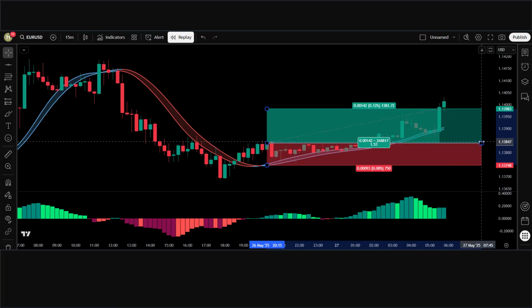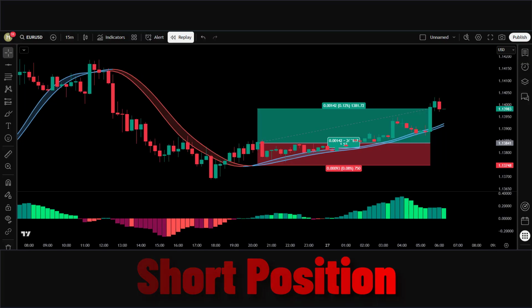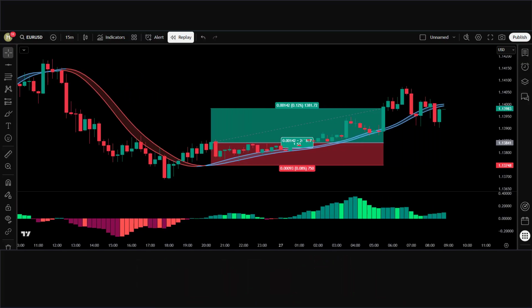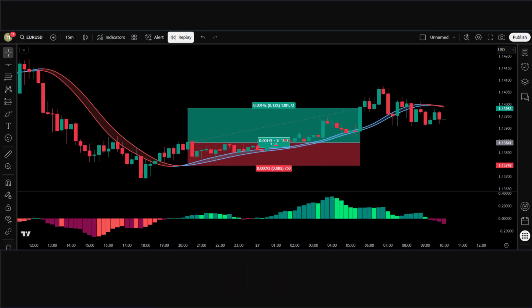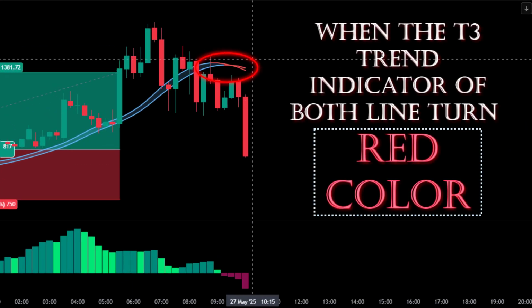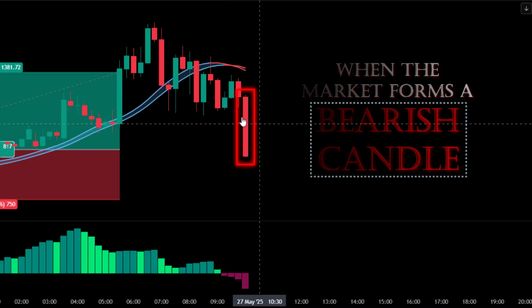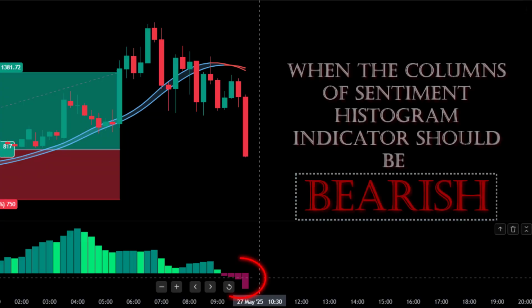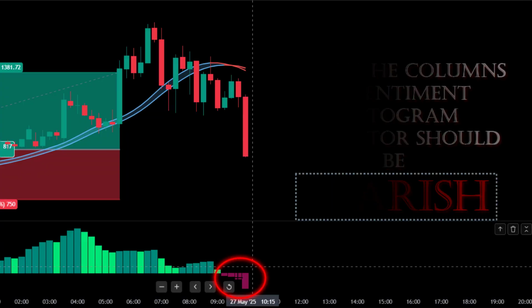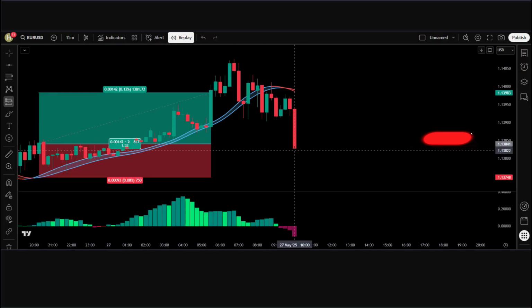The market has completely hit the target. Now let us understand the short position. When both lines of the T3 trend indicator turn red, when the market has formed a bearish candle, and when the columns of the Sentiment Histogram indicator are bearish, if these conditions are fulfilled, then we will place a sell order.